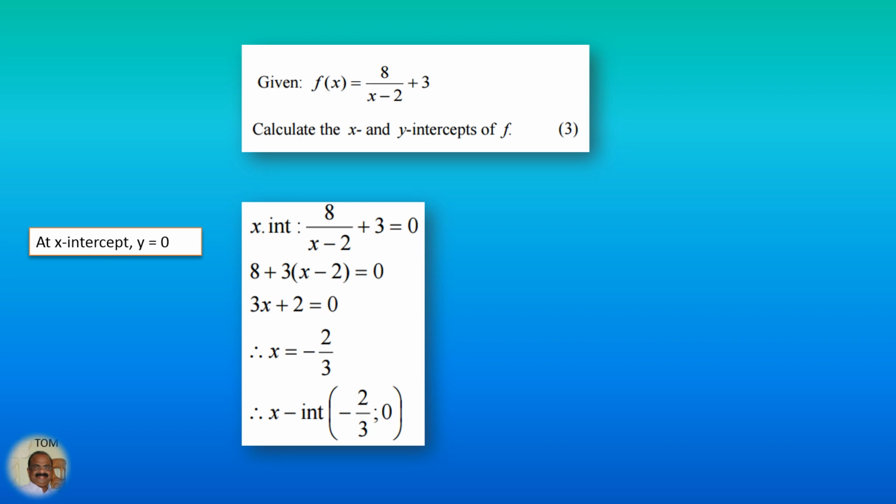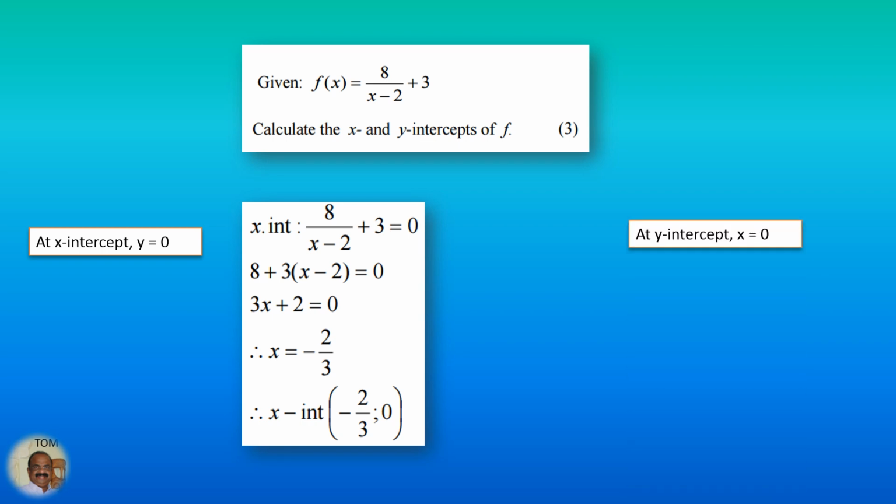We multiply all the terms by the LCD, so we get 8 plus 3 times x minus 2 equal to 0 times x minus 2, which is again 0. We remove the bracket, simplify, and then we get x equal to minus 2 over 3. Now the x-intercept is minus 2 over 3, 0.